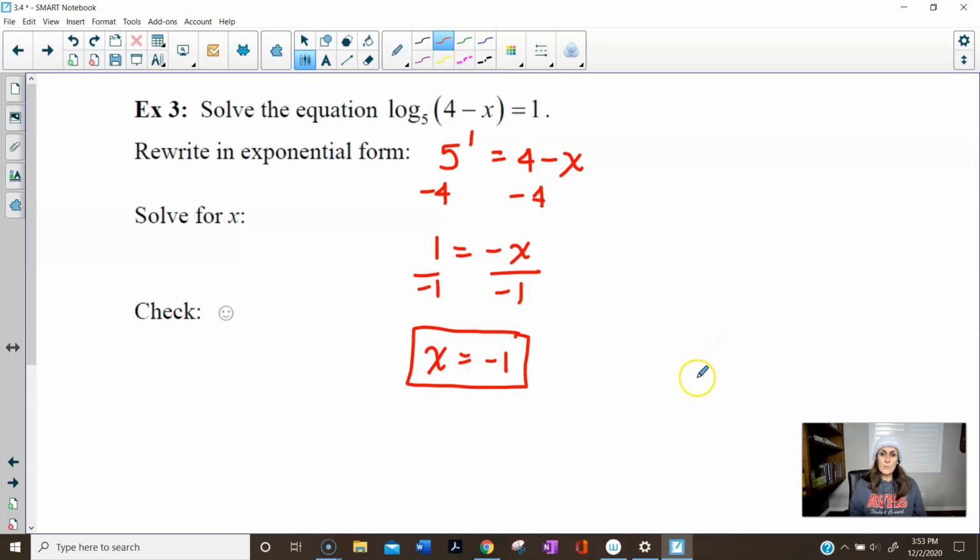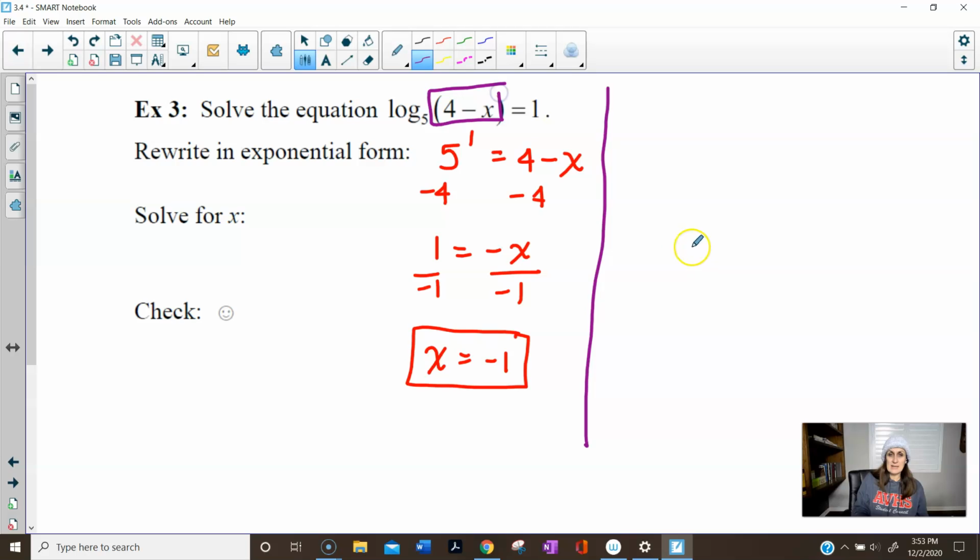Okay, so we're wondering if this is going to work or not. Just because the answer here is negative doesn't mean it's going to cause this part here to be negative. So we want to just go ahead and plug it in. So we have log base 5 of 4 subtract, and then I'll plug in the negative 1 equals 1.